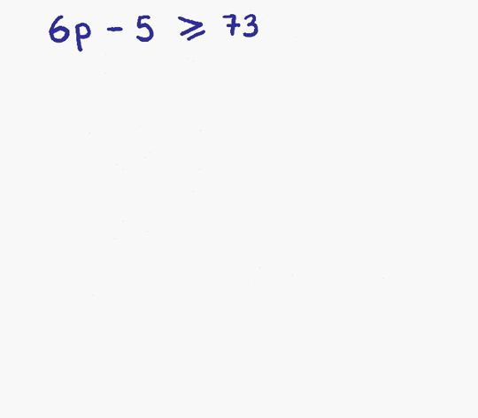Example 2, we have 6p minus 5 is greater than or equal to 73. So first things first, we need to put our letters to the left and numbers to the right. The only thing that needs to move is minus 5.